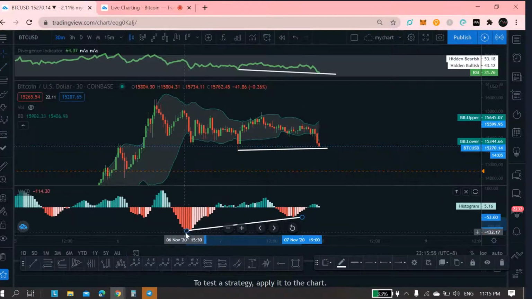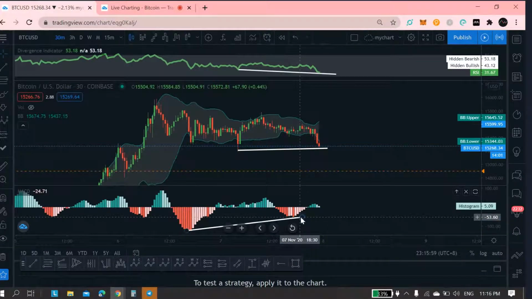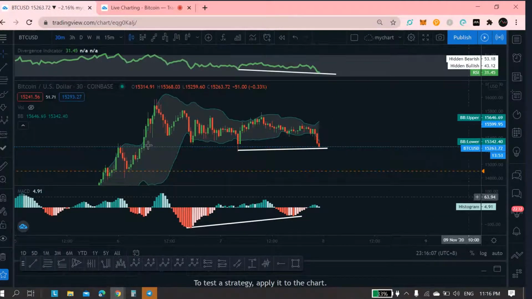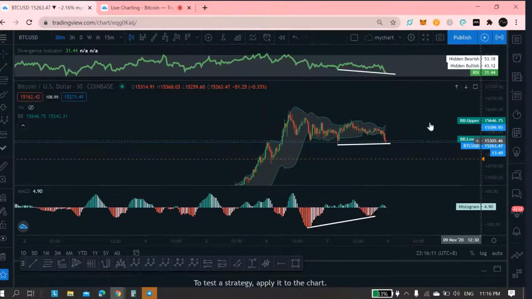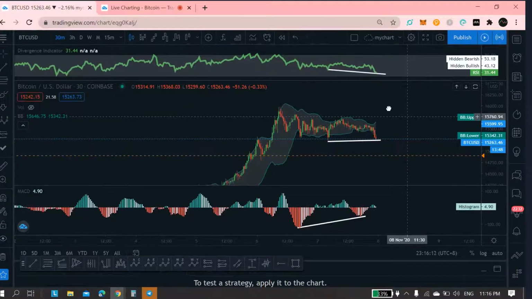And this is also big to small. So, a possible bullish scenario. Anyway, I can actually watch this.